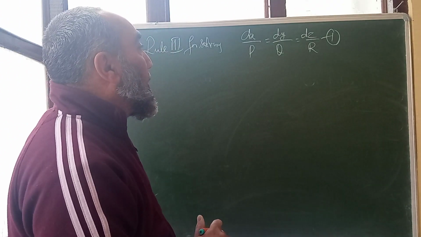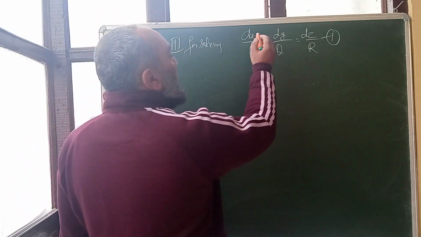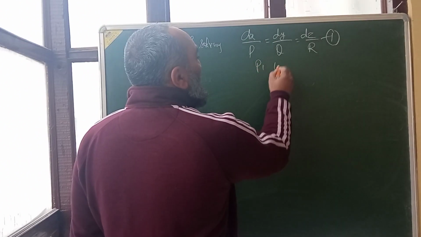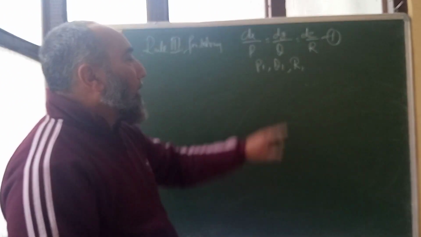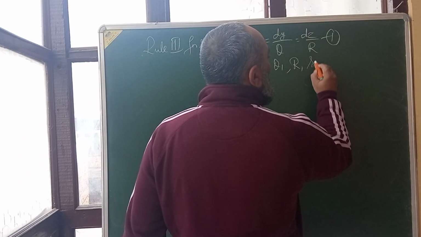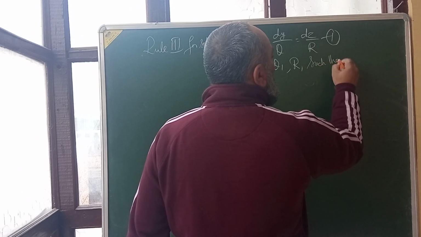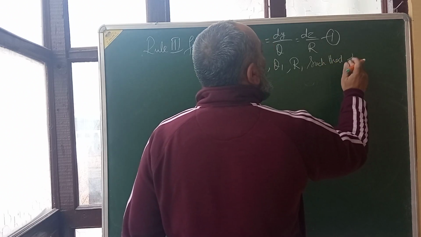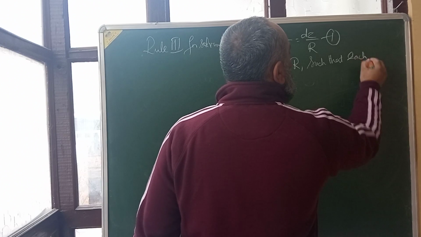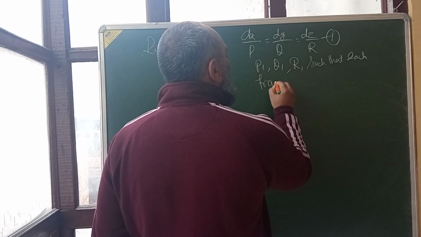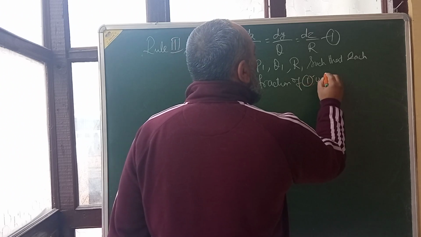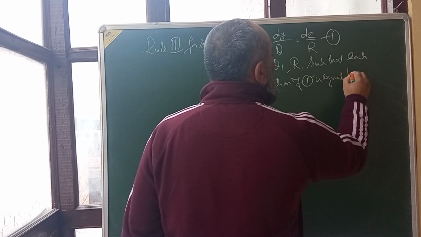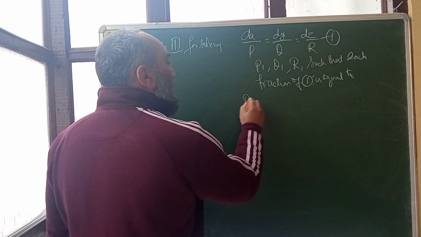Now see what to do. I am using multipliers. Let me use multipliers P1, Q1, R1. I choose multipliers P1, Q1, R1 such that each fraction of 1 is equal to (P1 dx + Q1 dy + R1 dz) divided by (P P1 + Q Q1 + R R1). This is 2.